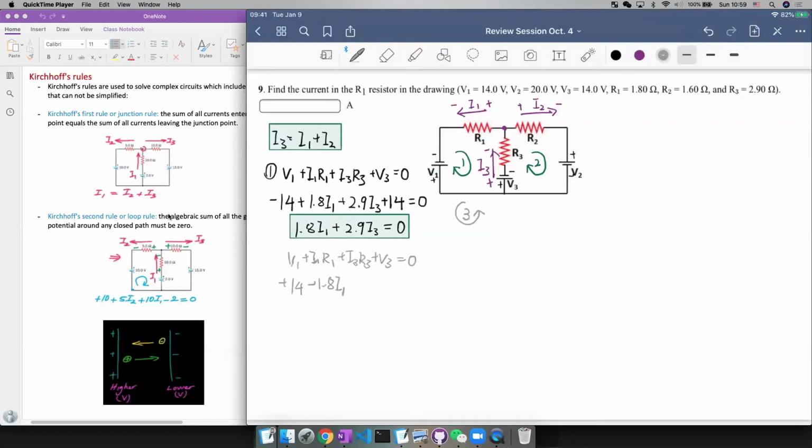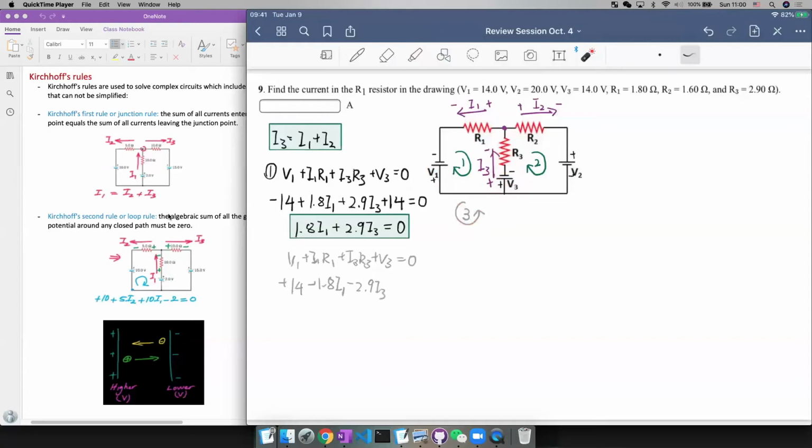And then we check R3. R3 now, again, it's from higher to lower, right? Because now we draw it in counterclockwise. It's from higher to lower. So now it's negative. It's minus 2.9 I3.